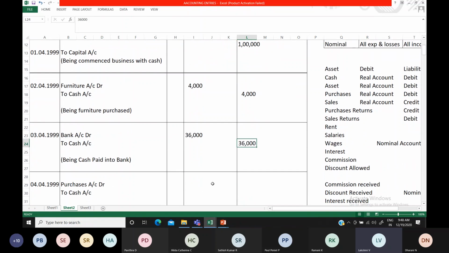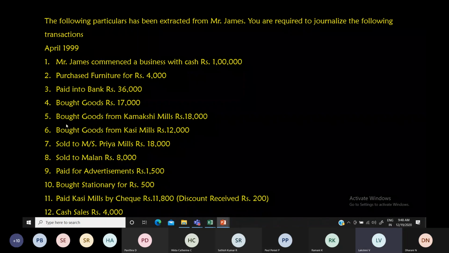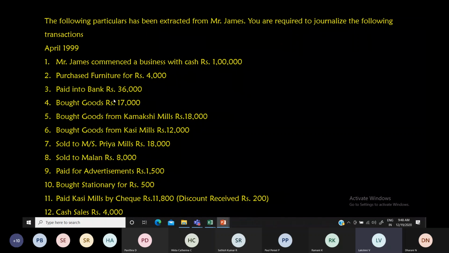Okay. So next, moving on to the next day transaction, that is on 4th, bought goods rupees 17,000. So I am going to purchase some goods, or bought some goods, both mean the same.